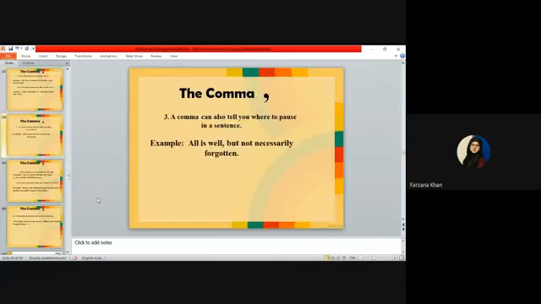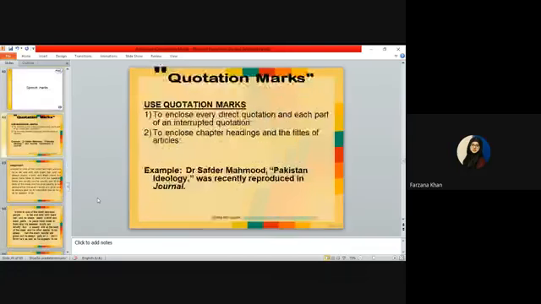Let me tell you the other use of quotation marks, that it is used to enclose chapter headings and titles of the articles within the sentences. Usually what students do, they write the title and then they add the quotation marks. So this is basically a major blunder.